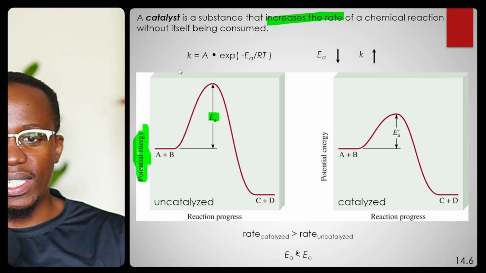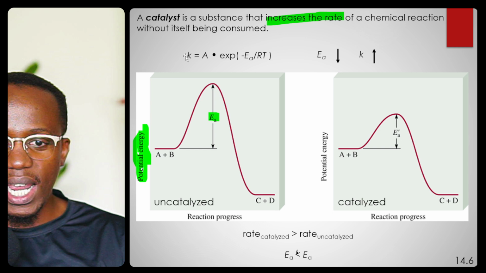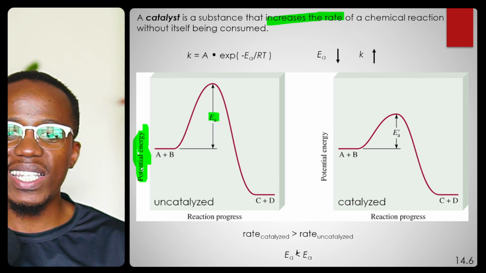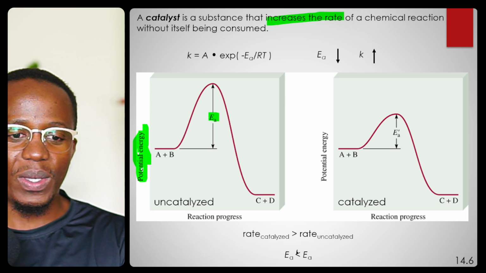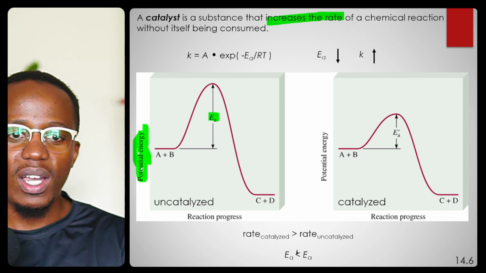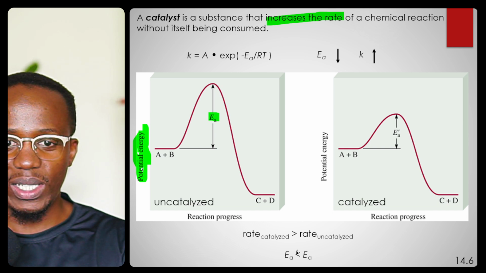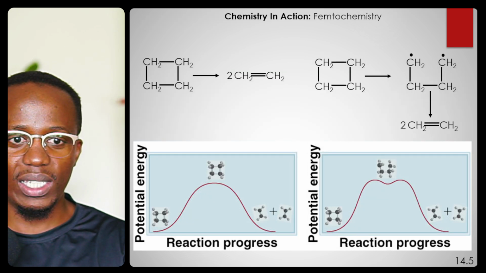And speaking of the reaction energy, let me tell you how to calculate it. This is the equation. It's called the Arrhenius equation, and this is something that I really want you to know about. I don't like the way they do it here. Let me show you the easiest way to do it.